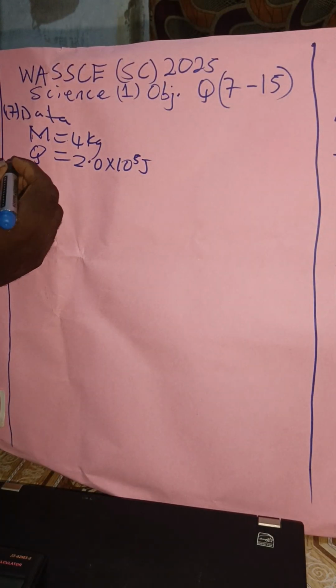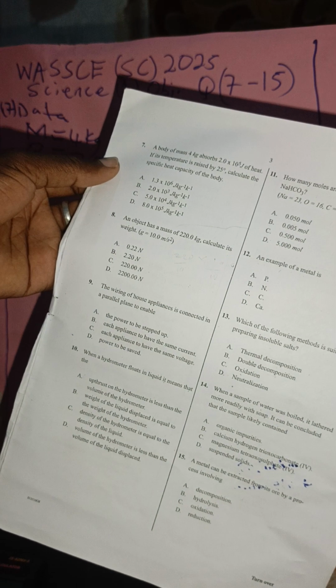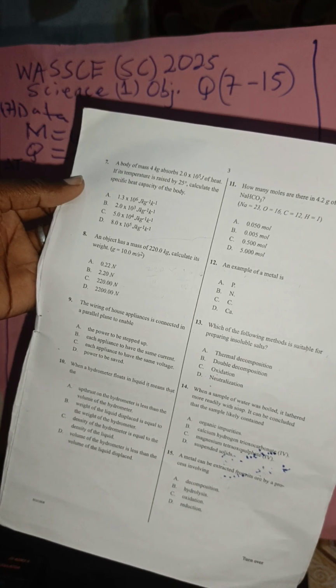So here, when it comes to quantity of heat, we have the change in temperature. Here we are not going to use T2 minus T1 because the change in temperature is already given, which is 25 degrees.